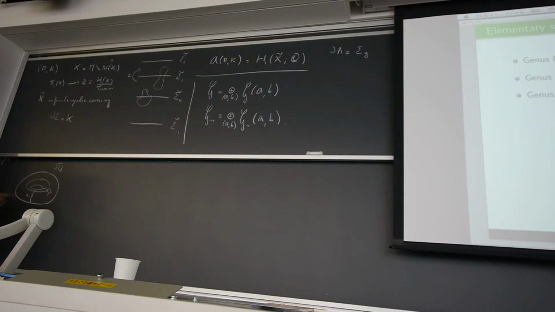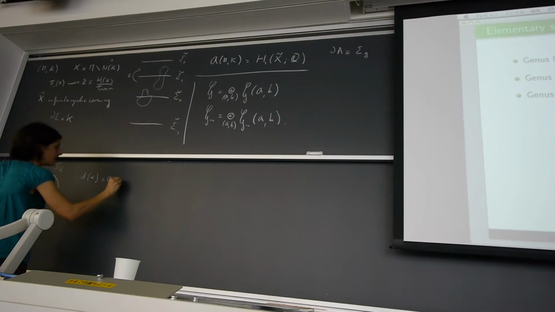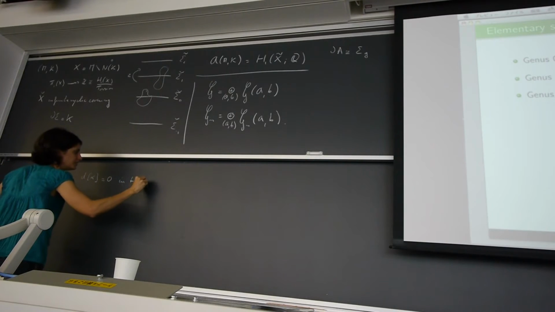And we ask that the curve alpha, which generates the Lagrangian, has order D in homology in H1 of TD.